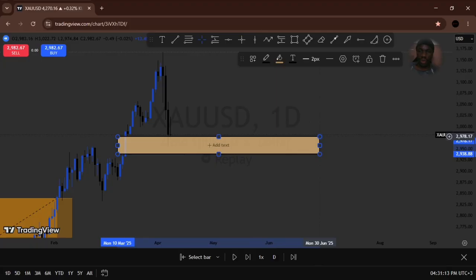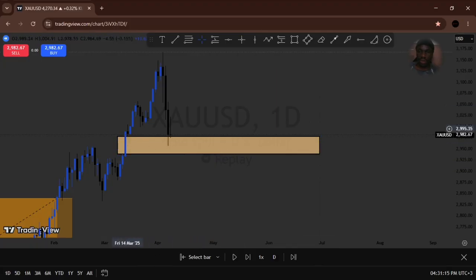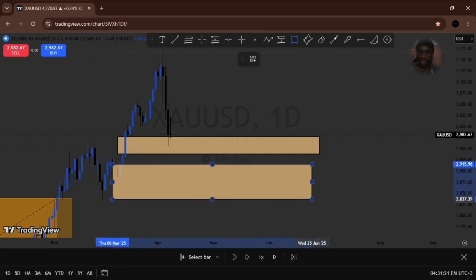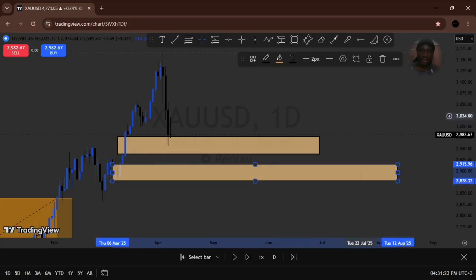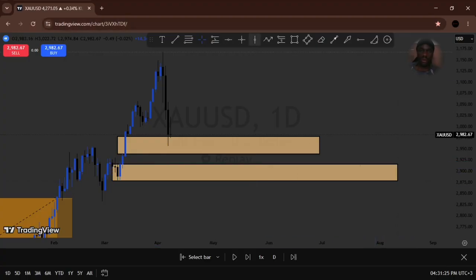So what's the point now? Then here we have an OB zone. So what's the best point? The best point is to take the setup within this zone.